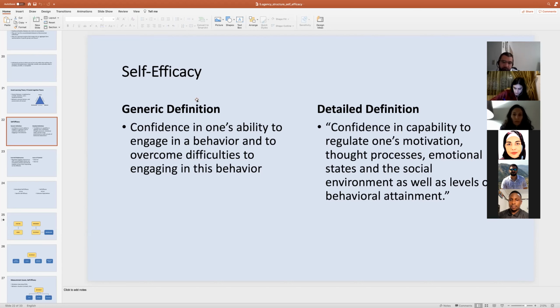The generic definition of self-efficacy is that the person has confidence in their ability to engage in behavior. So there is a huge difference between someone who tells you, I think I can stop smoking tomorrow, and someone who tells you, I cannot stop smoking. I don't have the will, or there's something that prohibits it, it can be environmental, contextual.